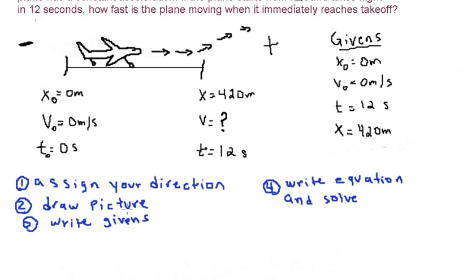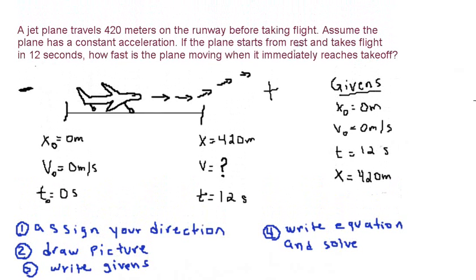The second step is to draw a picture. So here I drew a picture of the airplane traveling towards the right, and then it takes off into the air. Okay, so the airplane right here where it starts, it actually starts at a distance of 0, and according to the problem is going to continue on this track until a distance of 420 meters.